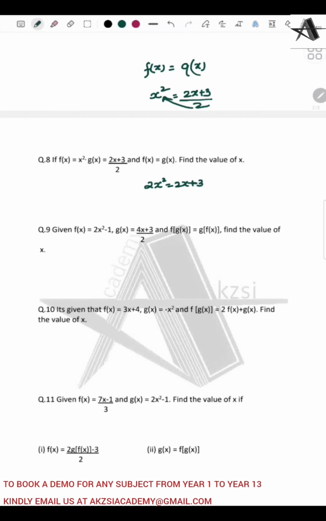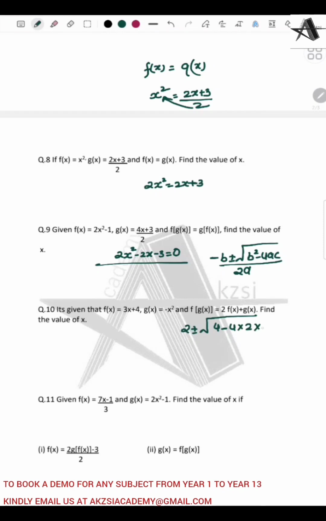Clearly you can see it's a quadratic equation. So bring all the numbers and the variables to one side. It will be 2x squared minus 2x minus 3 equals 0. Now, directly let me apply the formula method, which is minus b plus minus root of b squared minus 4ac, over 2a. So minus b, this is 2, plus minus root of 2 squared is 4, minus 4 into a is 2 and c is negative 3, over 2 into 2.